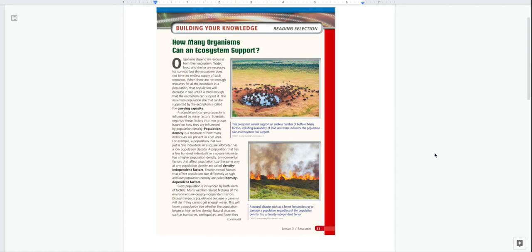Environmental factors that affect population size the same way at any population density are called density-independent factors, like that forest fire that we just looked at, or the weather. Environmental factors that affect population size differently at high and low population density are called density-dependent factors.